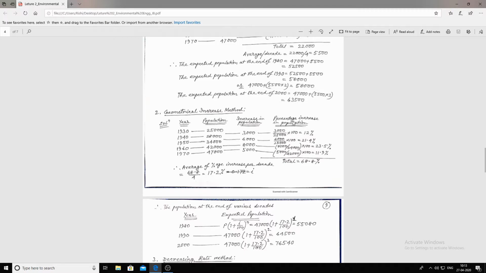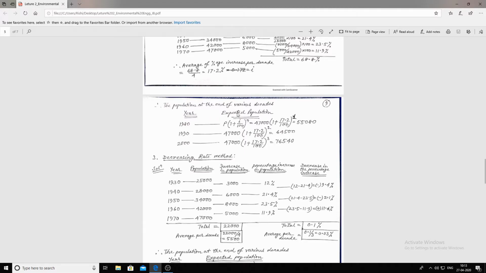That is why the percentage increase in population has become 23.5%. Similarly, for the next decade it has become 11.9%. The total percentage increase in population over the period of 40 years, that is 4 decades, is equal to 68.8%. Average percentage increase per decade is equal to 68.8 divided by 4, which is 17.2%.